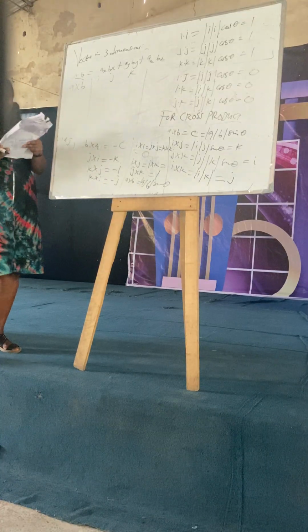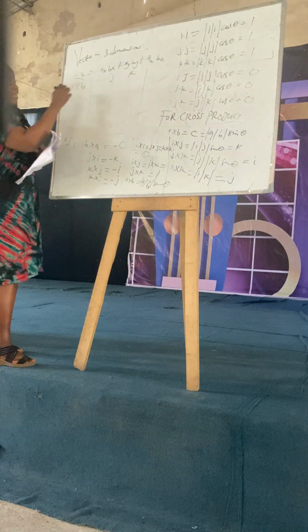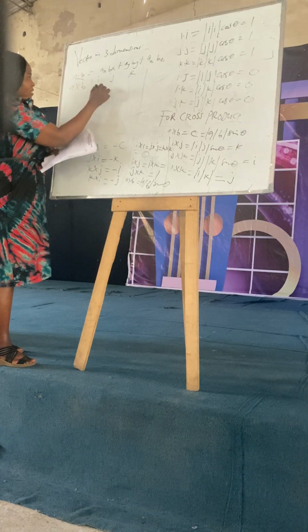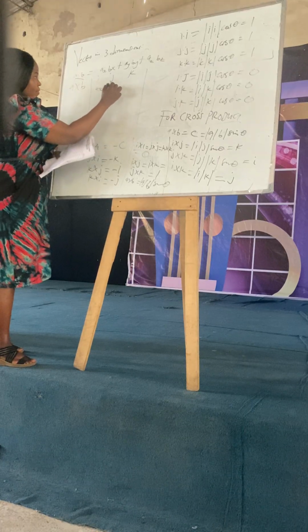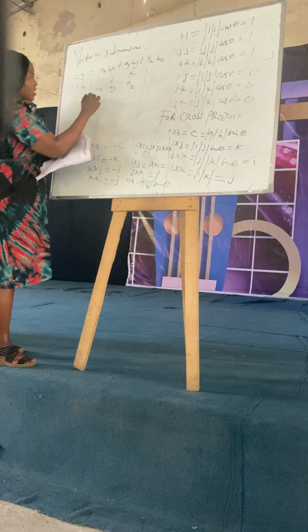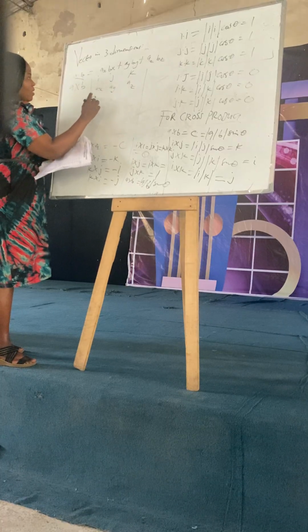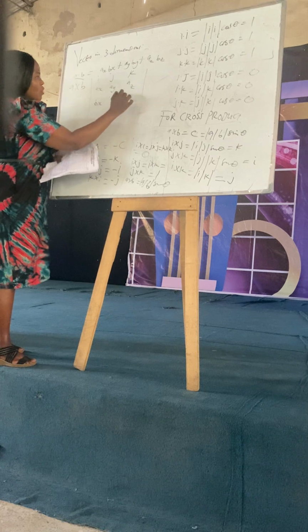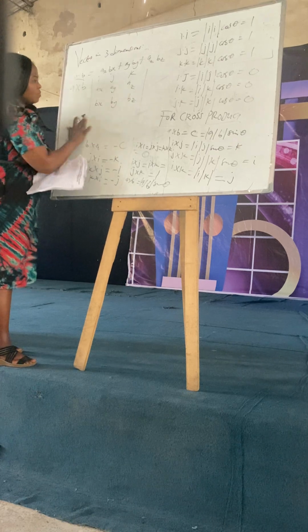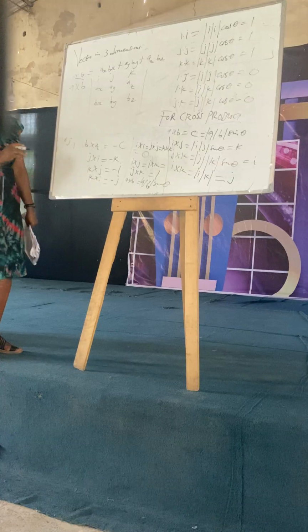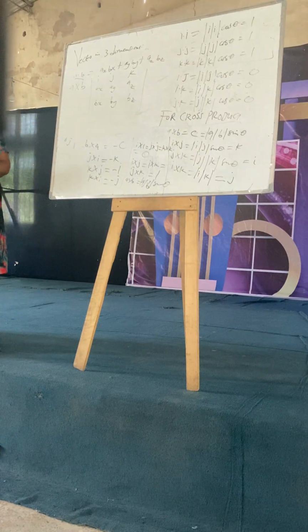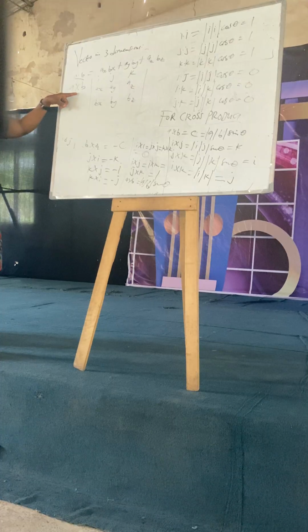Now, we have AX, AY, AZ, and BX, BY, BZ. How can you calculate A cross B? We are talking about addition and subtraction.